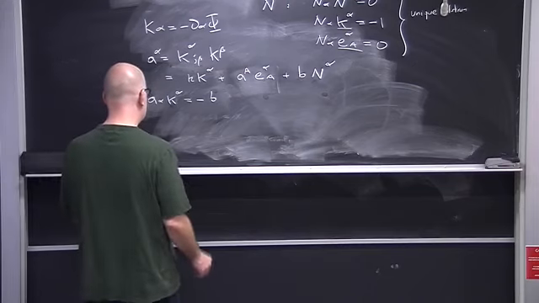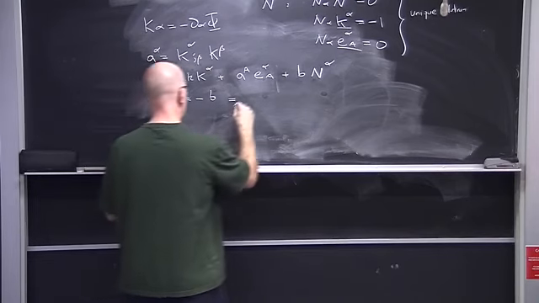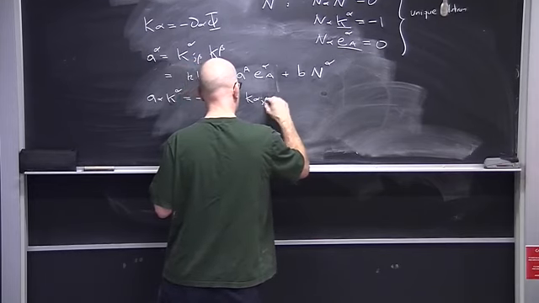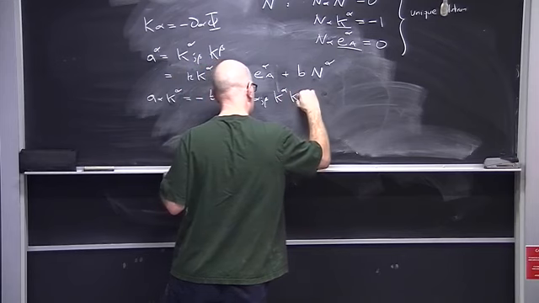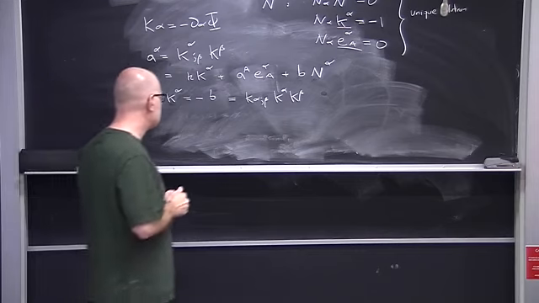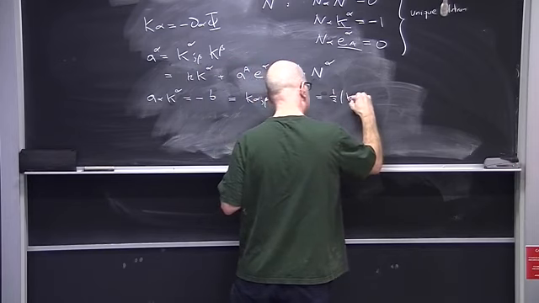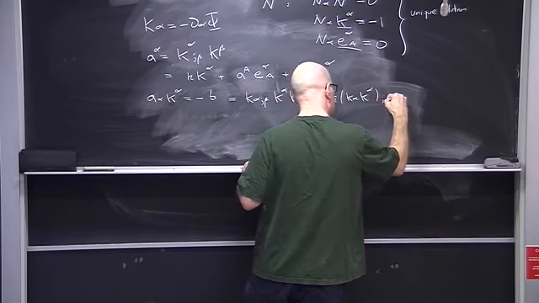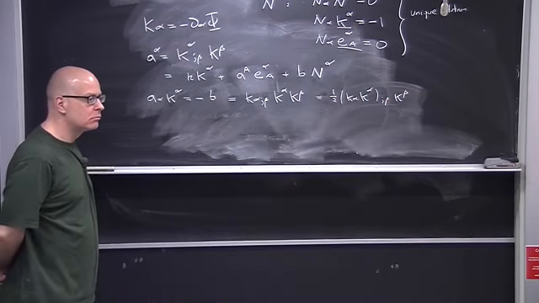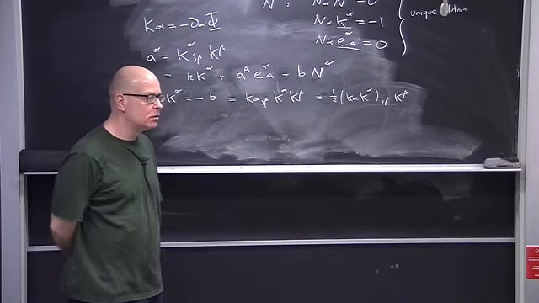Okay, so what is B? Minus B then is going to be K alpha differentiated with respect to beta, and then we multiply by K, and we multiply again by K. This is the same thing as 1/2 K alpha differentiated along K. And that's 0 everywhere along the curves.